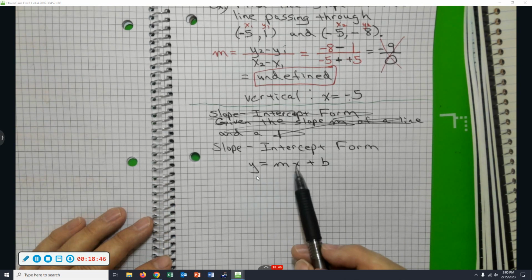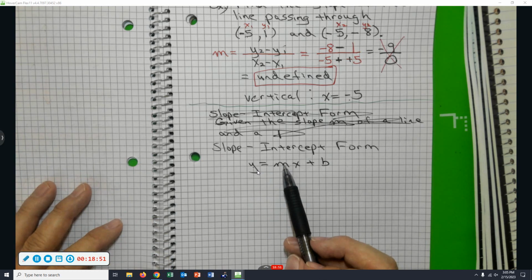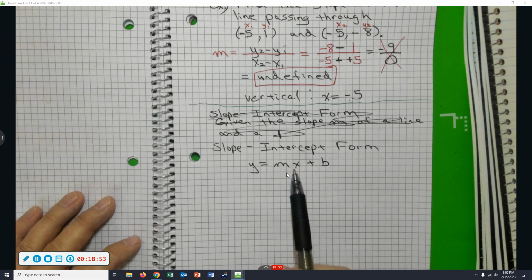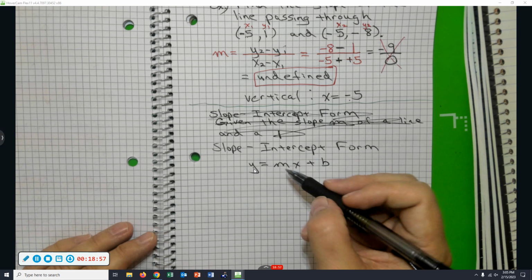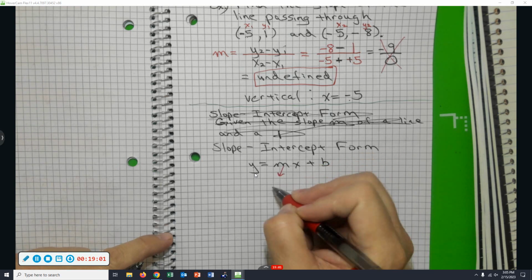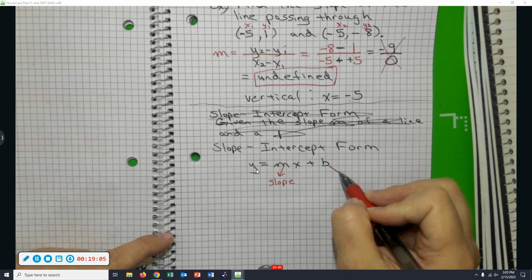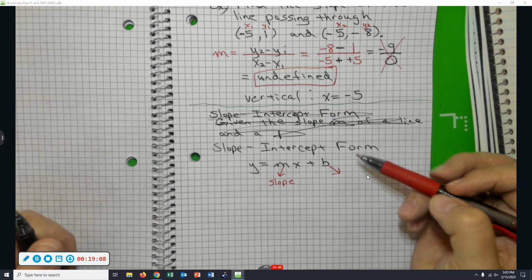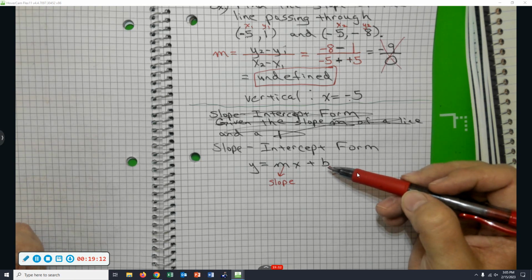Notice we have both x and y, so we're looking at a slanted line, unless the m value is 0. That m is the slope of the line. This number b tells you where the graph passes through the y-axis.